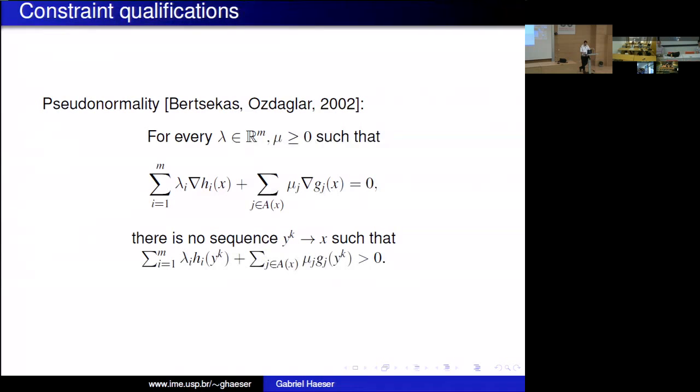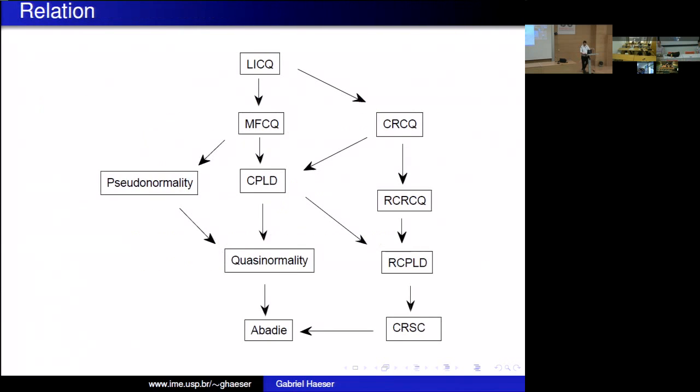There is a slightly modified version of quasi-normality. Instead of asking that each of these terms is independently positive, you ask that the sum of these terms is positive. So it's a little bit different. But in the end, you can prove a diagram like this. LICQ is the strongest one, and then it divides here into MFCQ and constant rank. These are independent.